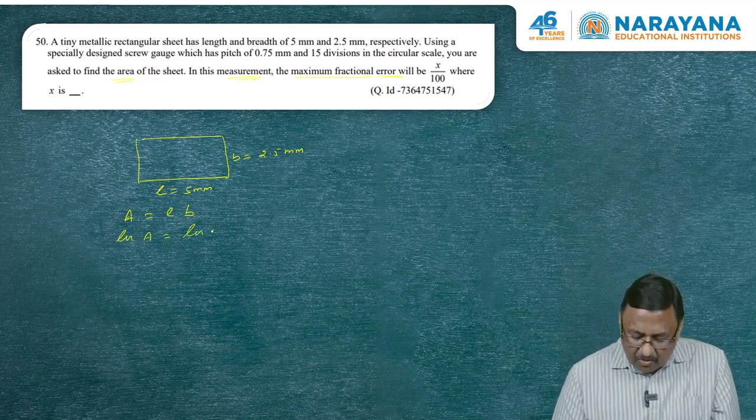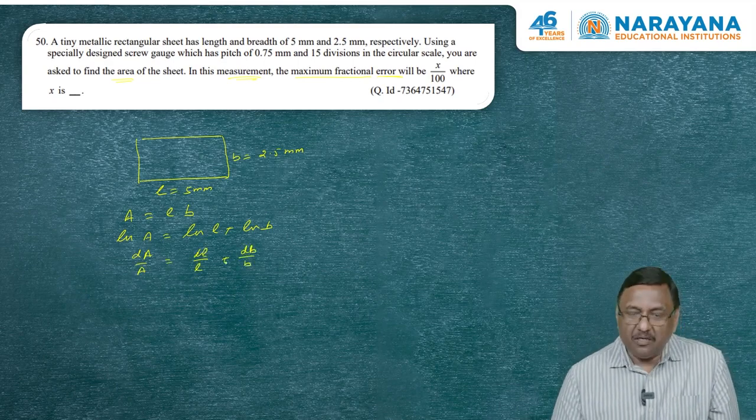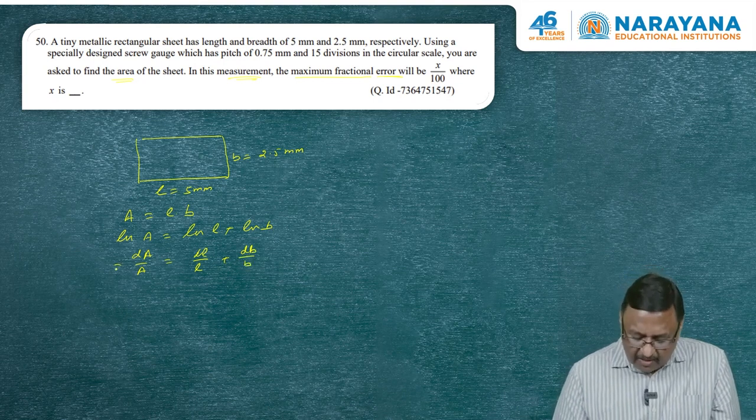Log A is equal to log L plus log B. If I differentiate term by term, I can write dA upon A is equal to dL upon L plus dB upon B. This is the way to write the fractional error in area.